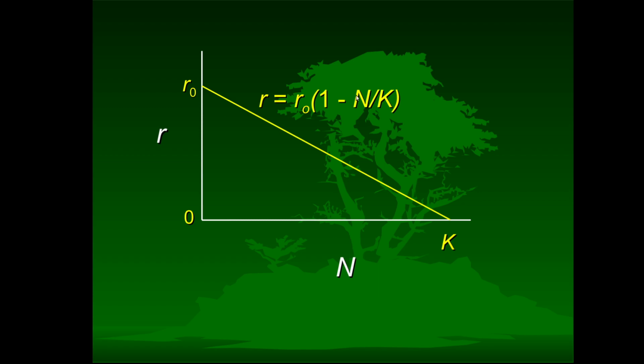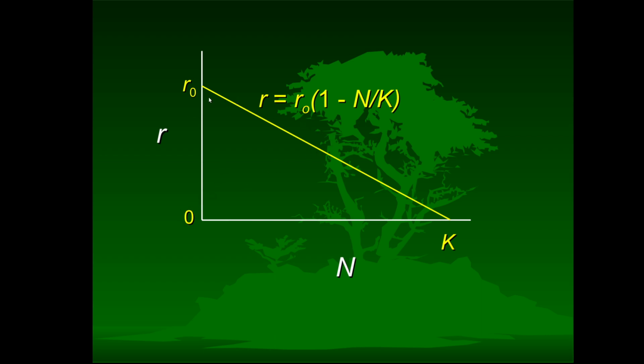So as n increases, this fraction increases, and so the amount that you subtract from 1 increases. Okay, until n is equal to k, then this number in parentheses becomes 0. And when this number in parentheses becomes 0, little r becomes 0 down here.